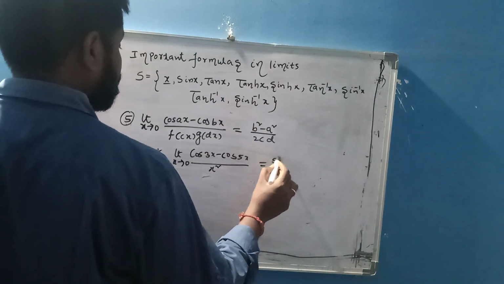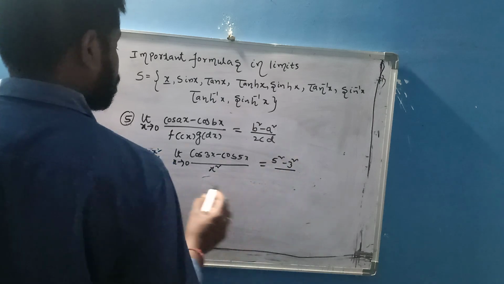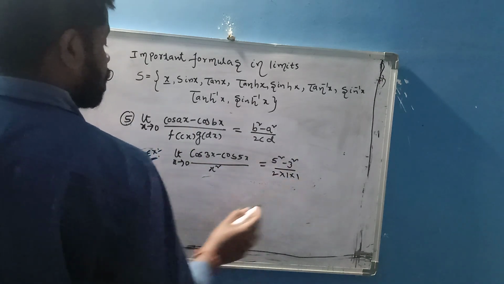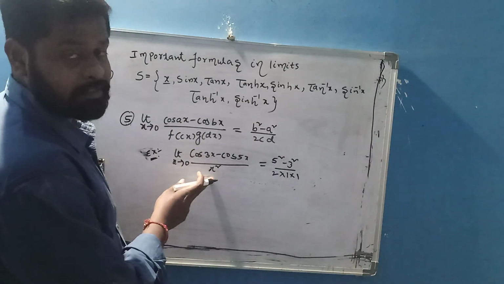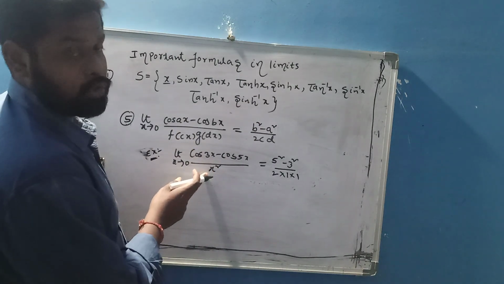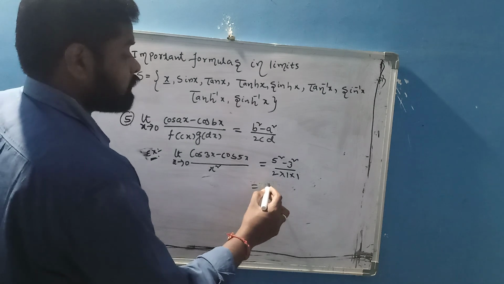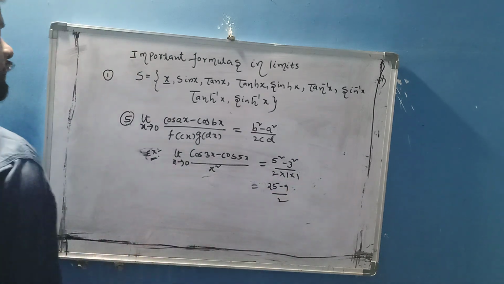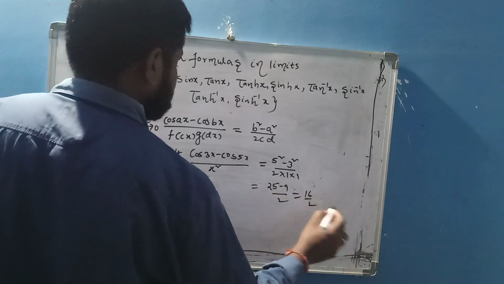B equals 5. 5 square minus 3 square by 2cd. Here the coefficients c and d are not written. The denominator is only x square, so the coefficient is 1. 2 into 1 into 1. That is 5 square minus 3 square, 25 minus 9 by 2. Simplify. 25 minus 9 means 16 by 2.